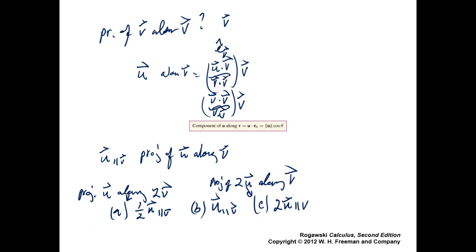I don't know how they answer this in the back. I think that's exactly what they do. Oops. Might help to get the right chapter. They said B and C. Oh, wait. It's not along 2V, it's along V. Okay, sorry about that.